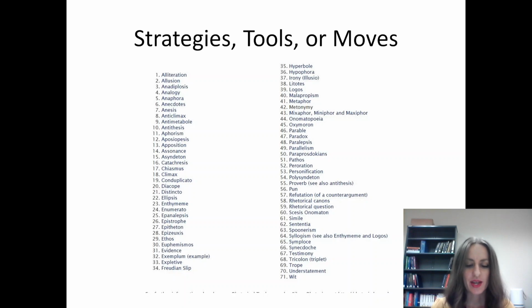But I do want you to be aware that there are hundreds of these that are called rhetorical tools, rhetorical moves, rhetorical strategies, however you want to phrase it. You do need to know some of them, a handful of them. You need to be paying attention to the way texts work, and whether you can name it or not, be aware that the text structure is having a rhetorical effect.